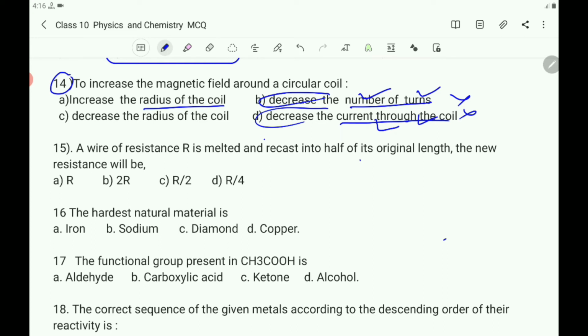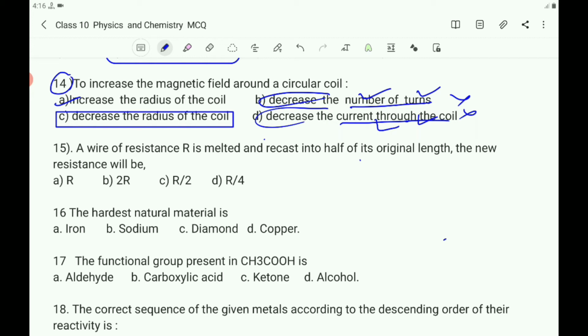Next, these two options. Increase the radius of the coil. If the radius of the coil is increased, the strength of the magnetic field decreases. So here the answer is decrease the radius of the coil. If the radius of the coil is decreased, the strength of the magnetic field increases, that is the answer.